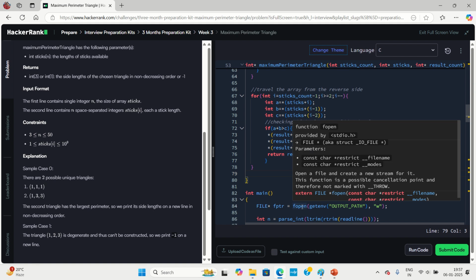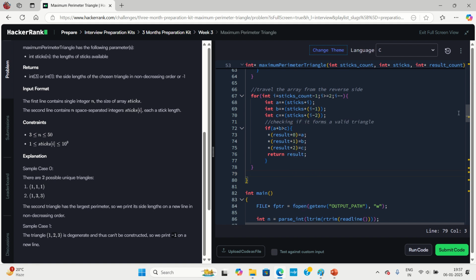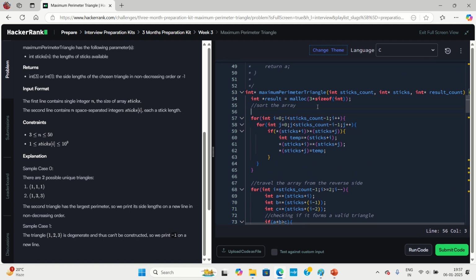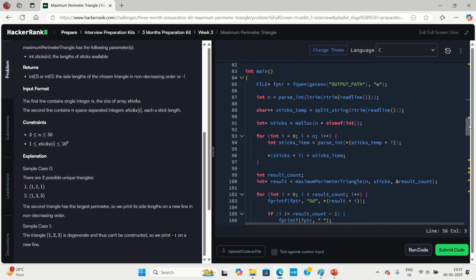So in that case, by default we can allocate the result, because we need to return it in the array format, right?